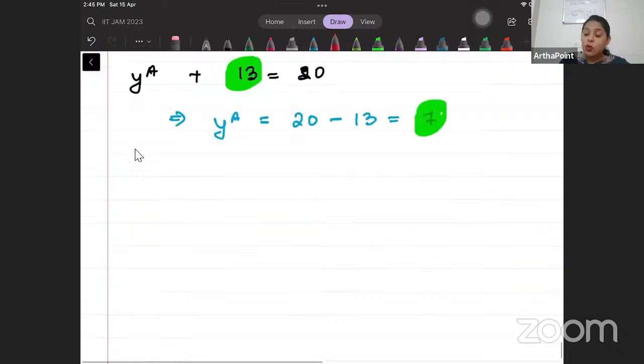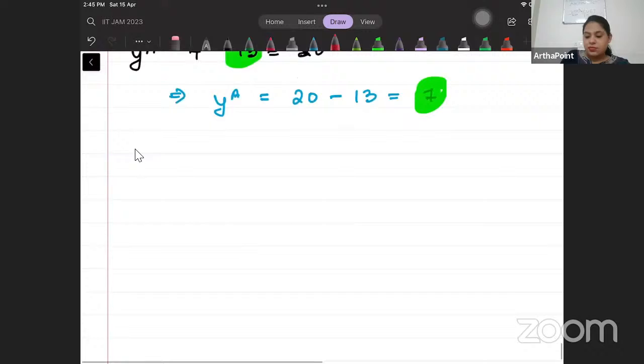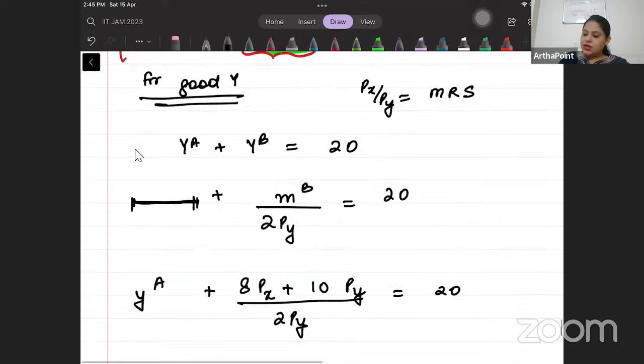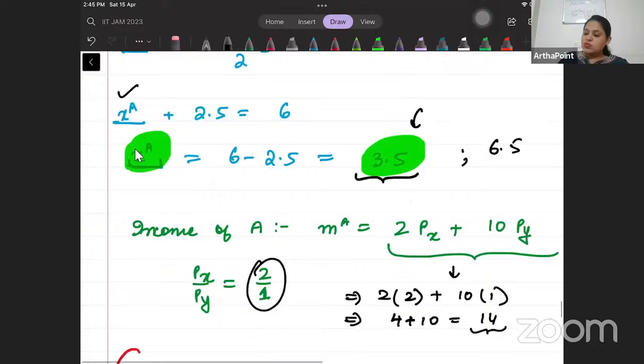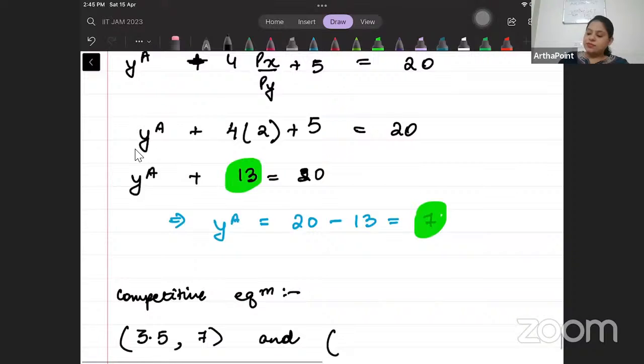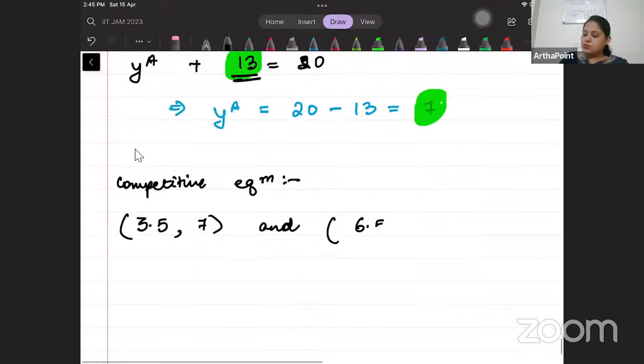So we have got our competitive equilibrium. The competitive equilibrium is when individual A is consuming 3.5 units of good X and 7 units of good Y, and B is consuming 6.5 units of good X and 13 units of good Y. And the price ratio that I have got is 2.